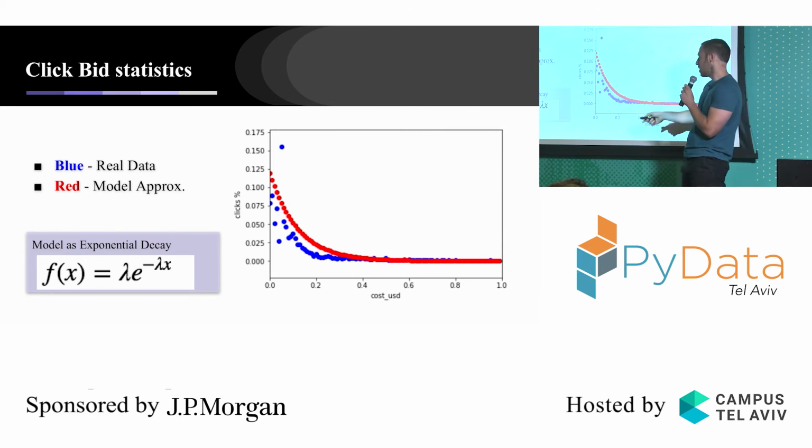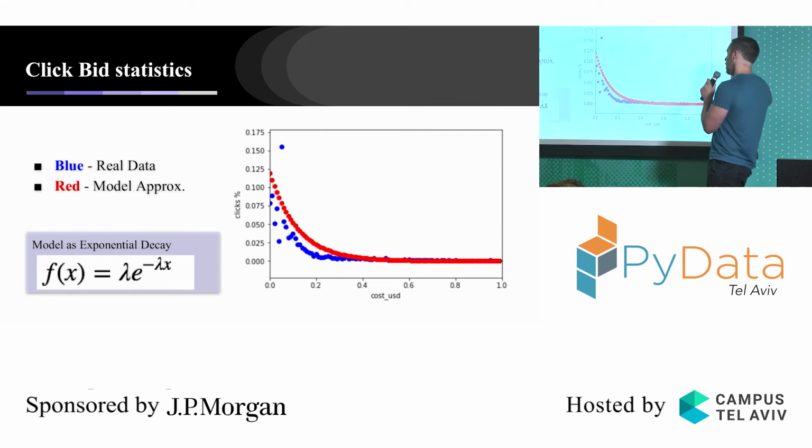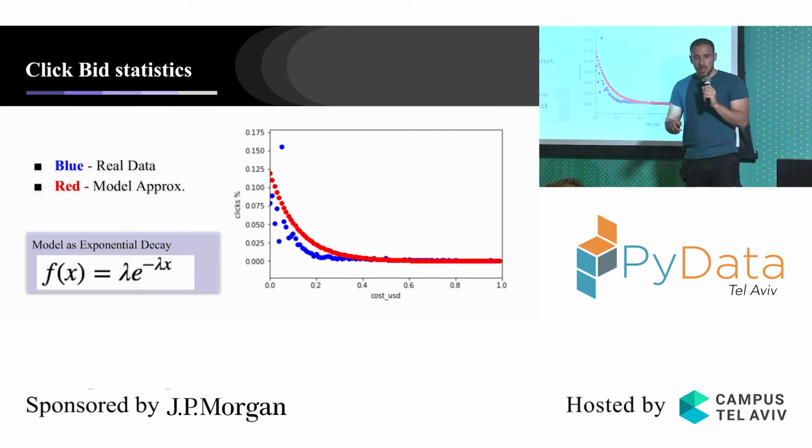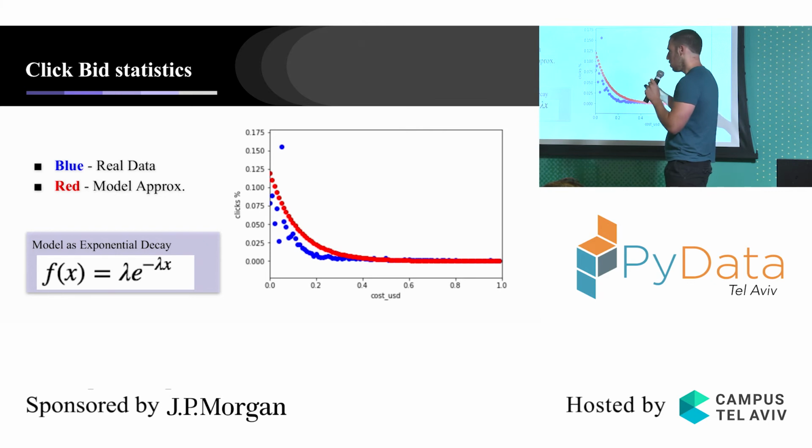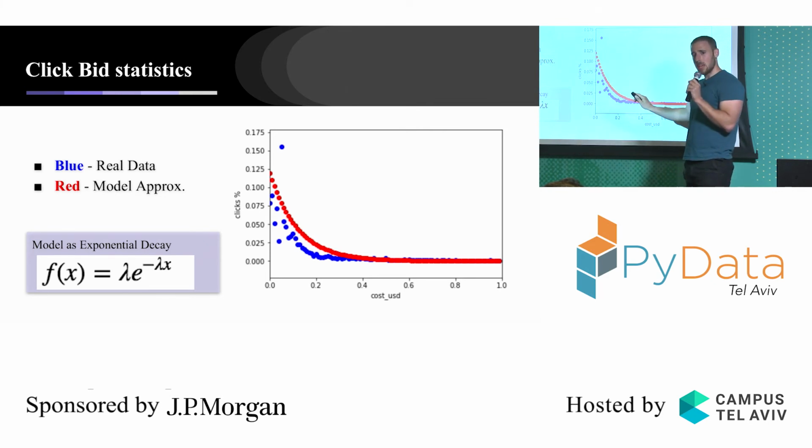So, as you might guess, most advertisers don't want to pay a lot. And there are a few exceptional advertisers that need to pay $1 and above. If we approximate this kind of distribution with an exponential decay, which you can see is not the best match, but it looks pretty close, then we can apply Bayesian statistics to this distribution.